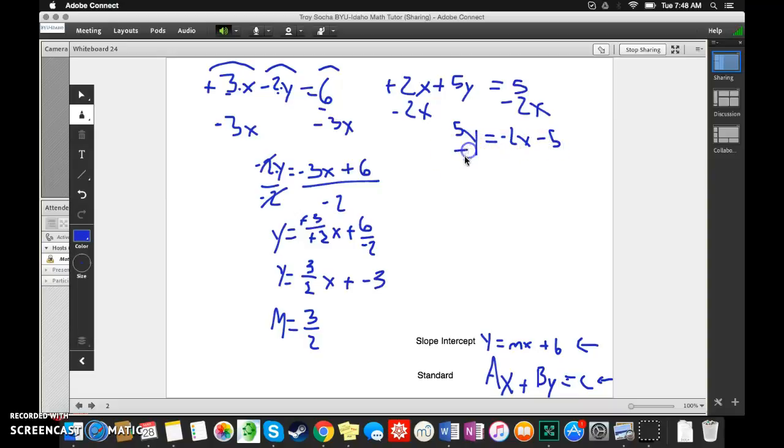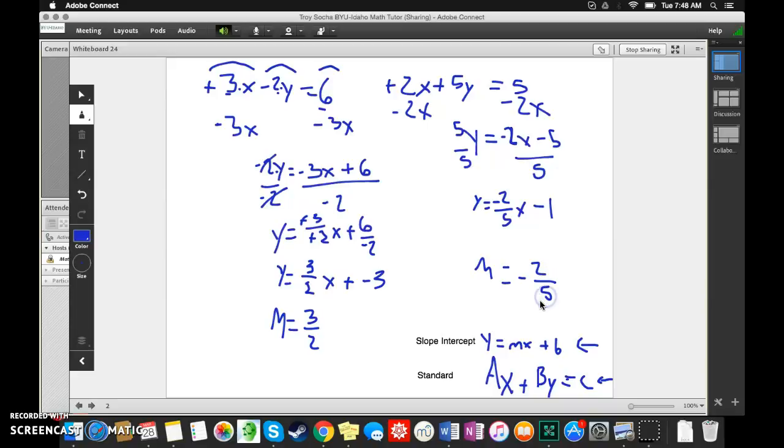Now we're going to divide by 5, right? So we get negative 2 divided by 5, which is just negative 2/5. And negative 5 divided by 5 is 1, but it's negative 1, so we get minus 1. So your m in this case is negative 2/5.